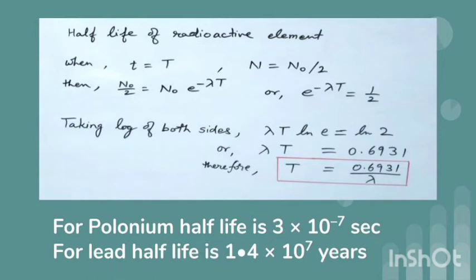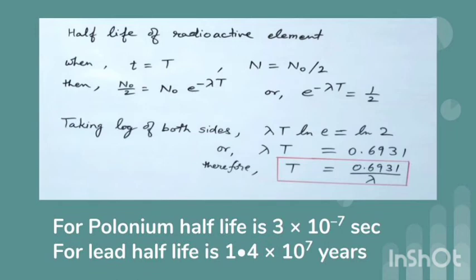When time is equal to capital T, N is equal to N0 by 2, which is half of the original number of nuclei. Then N0 by 2 is equal to N0 e to the power minus lambda T, or e to the power minus lambda T is equal to half.